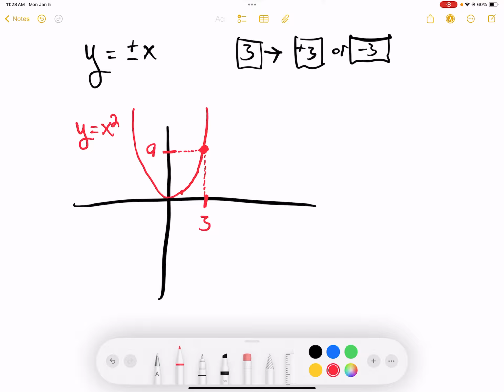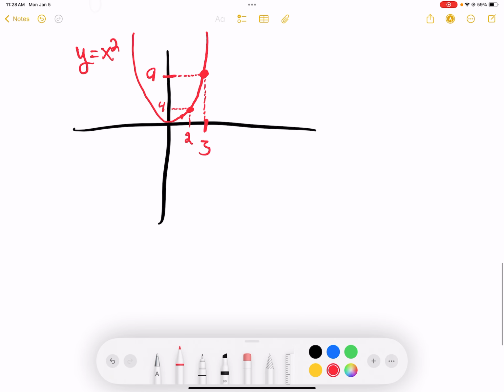For every x value, there's only one y value. If I slide over to a different x value, let's say x equals 2, then my y value on this graph is just gonna be 4, and there's just one y value. So this makes sense. This is a function. It makes sense that we have one y value for every x value.